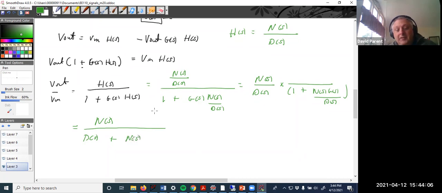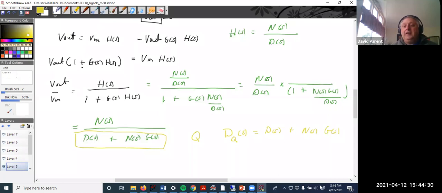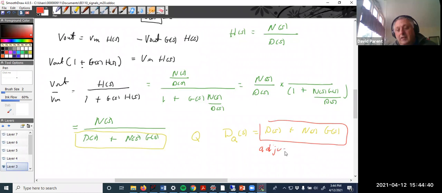And now I have the numerator times G. This is the new denominator. So the denominator of Q of S is the original denominator plus the original numerator times that feedback network. Okay. Adjust G of S to get all poles in the left-hand plane.